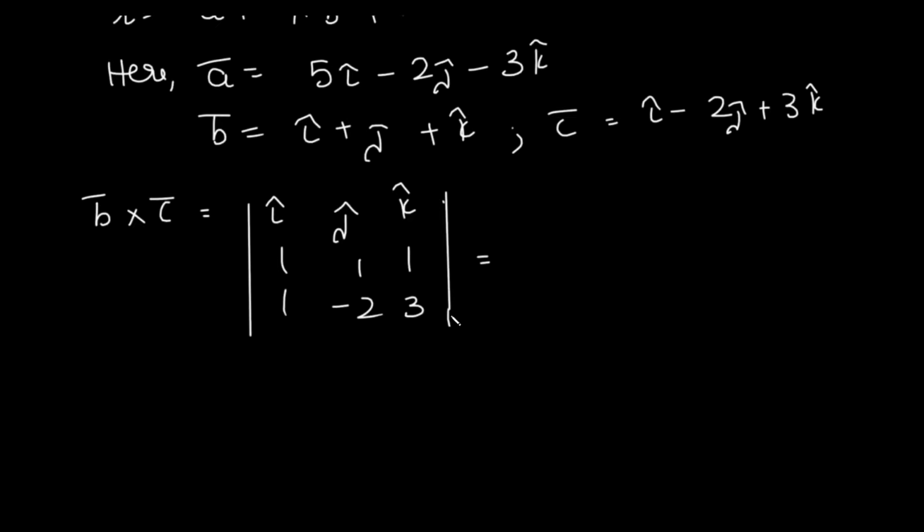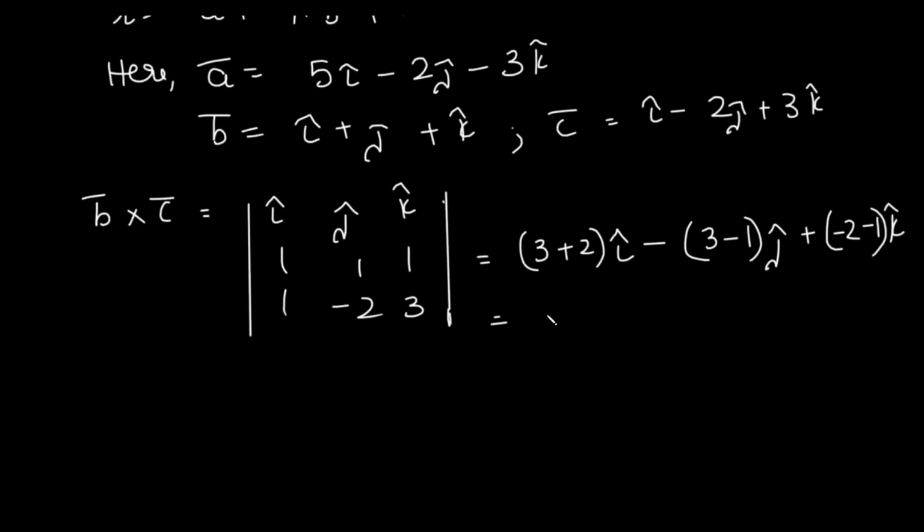And therefore we are going to get (3 + 2)i − (3 − 1)j + (−2 − 1)k, which is 5i − 2j − 3k. So this becomes our b cross c.